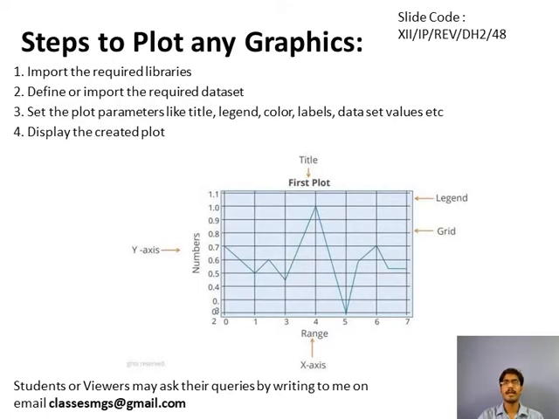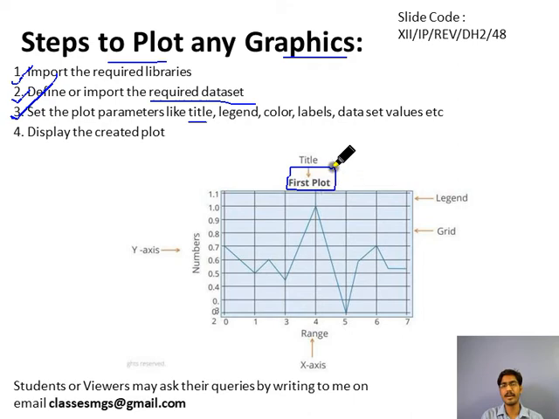Now there is a simple convention to draw graphics through the matplotlib library. You first need to import the required library, then define the required data set, meaning what data you want to draw in this plot or graph. Then you set the parameters, like the title of the graph; here, first plot is the title.